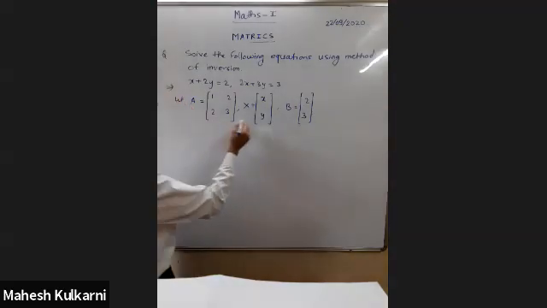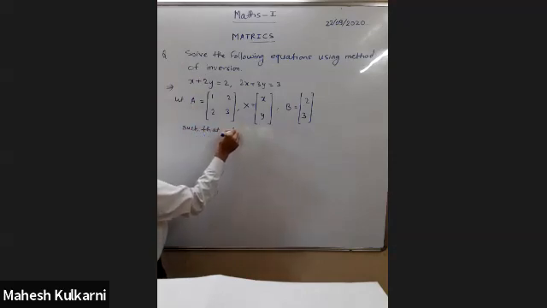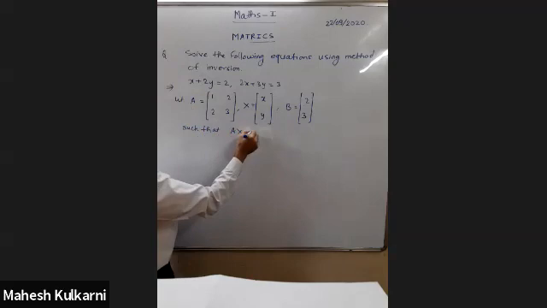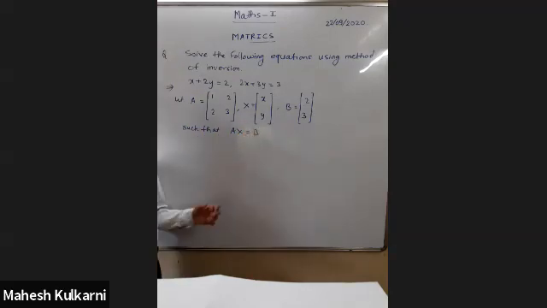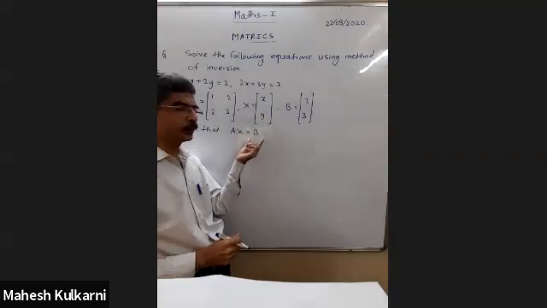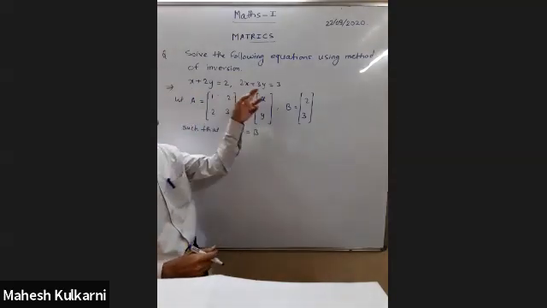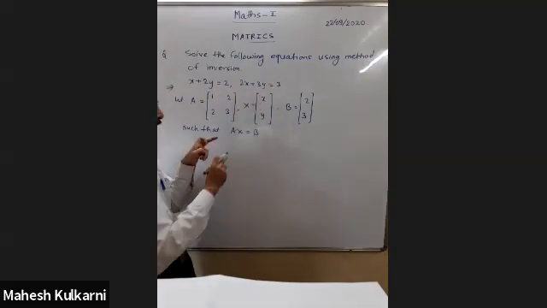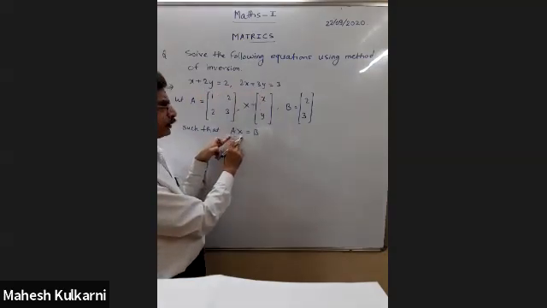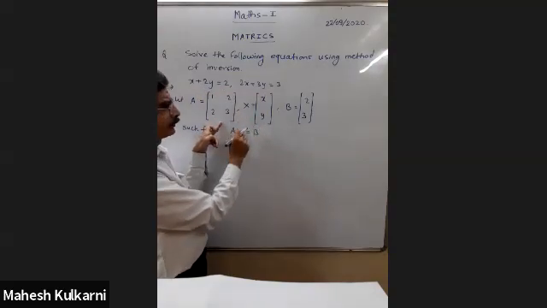So these are the three matrices such that A into X is equal to B. Means what? When you find A into X and equate this to B, then by equality of matrices, we can obtain these two equations. When we take A into X, we multiply by X, which is the post factor.